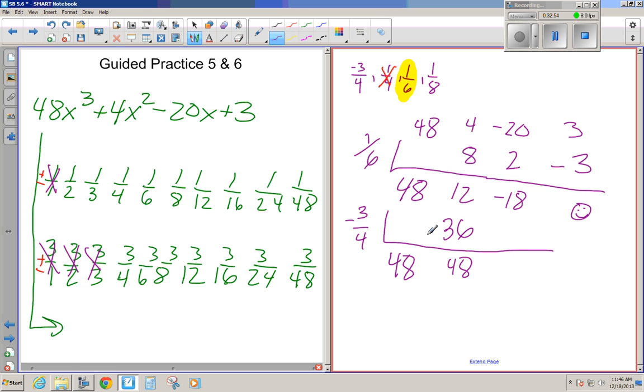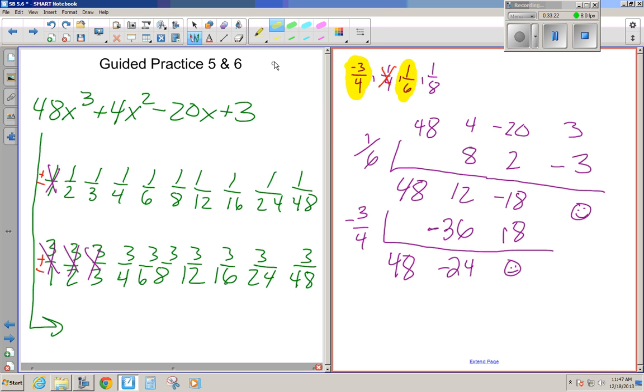Oh, I'm sorry, we're not adding. It's -36. So that means 24. And then 3/4 of 24 is 18. Gives me 0. And again, a smiley face. So I now know that -3/4 is one of my zeros.